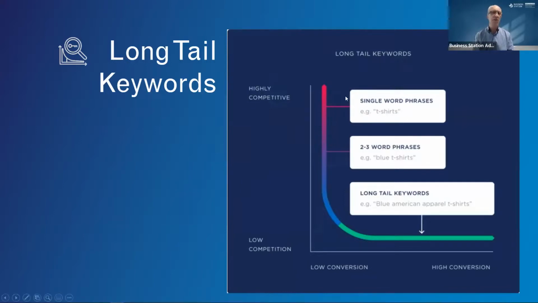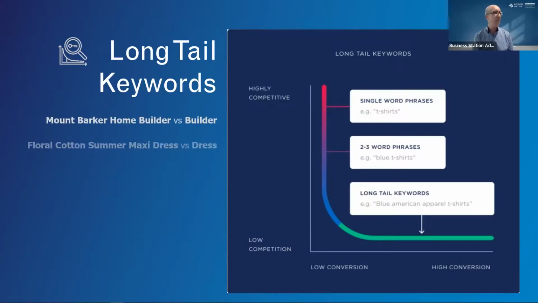If you decided t-shirts was the keyword you're going to want to rank for, you'd find it very difficult because you've got lots of competition, and therefore you're going to get less traffic to your site and therefore less conversions. So you want to identify some longer keyword phrases that are easier to rank for, will attract more traffic to your site, and therefore higher conversions.